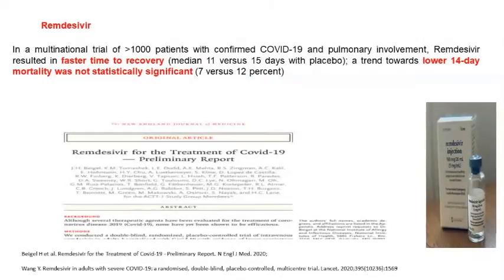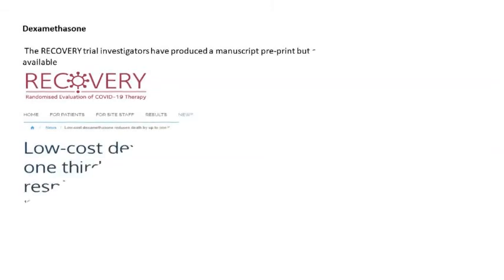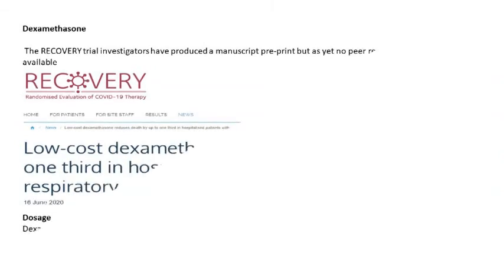I think this also applies to dexamethasone. We had the RECOVERY trial, and the RECOVERY trial investigators produced a manuscript preprint telling us that dexamethasone at a dose of 6 milligrams once daily can have a good effect on patients with COVID-19, and low-dose dexamethasone reduced the 28-day mortality among patients hospitalized for COVID-19 compared with usual care alone.